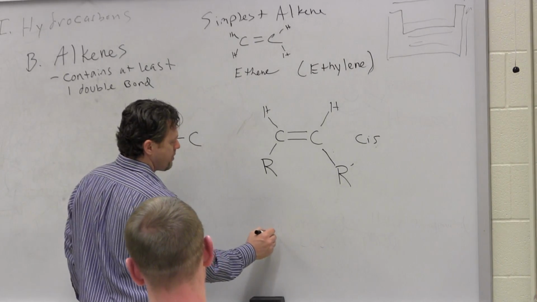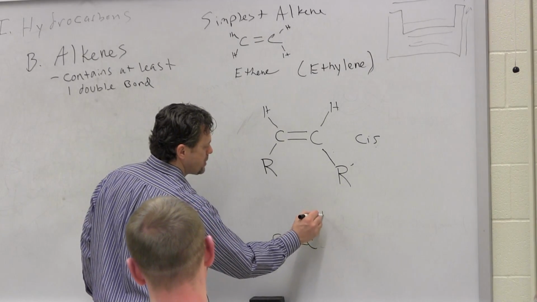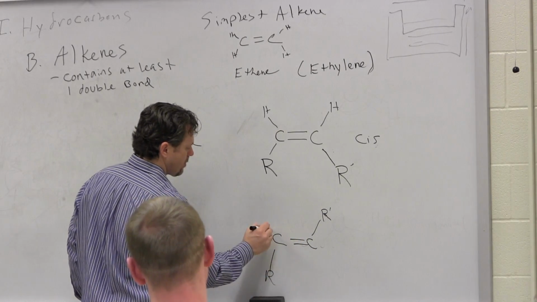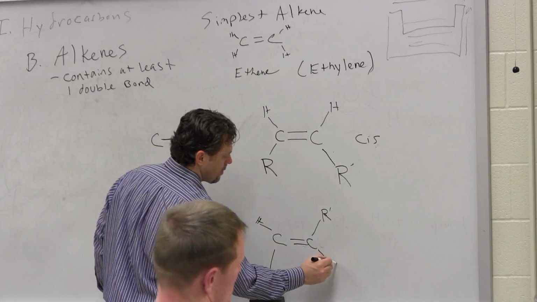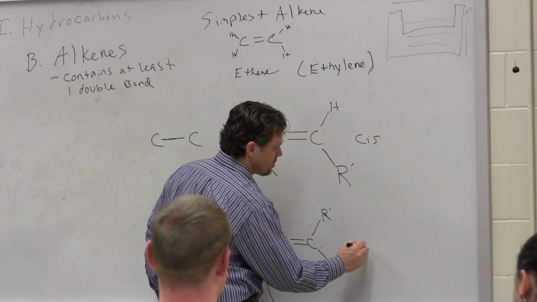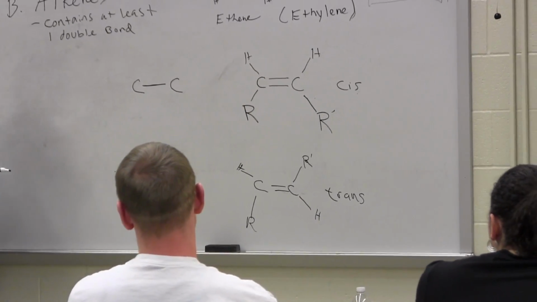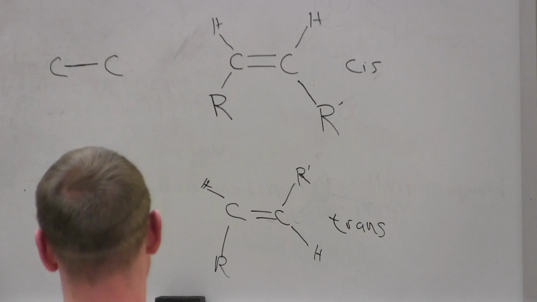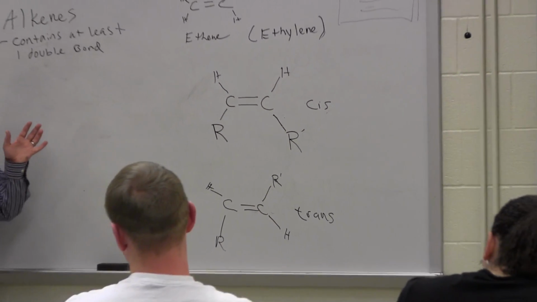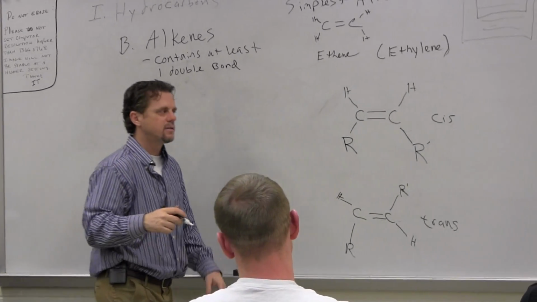And if we have a double bond and the R groups are opposite one another, this is what we call a trans relationship. Depending on how the molecule is named, you'll use either cis or trans.